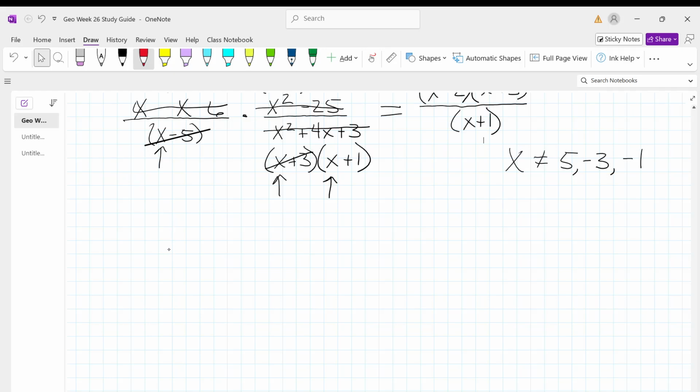We've got 2x minus 8 over x squared minus 16, multiplying that by x squared plus 5x plus 4 over x squared plus 8x plus 16.